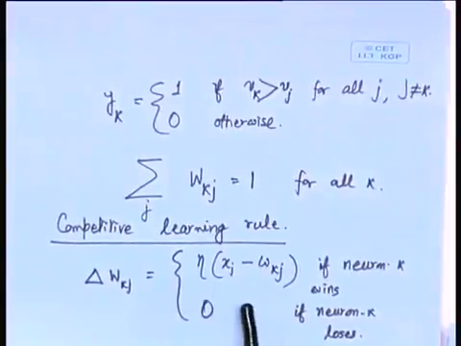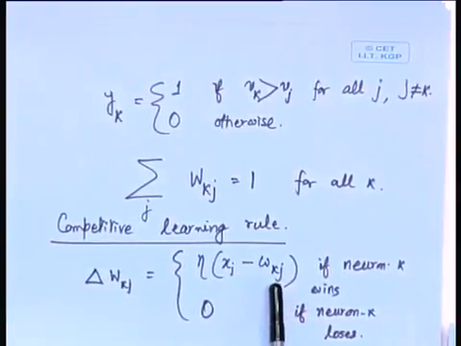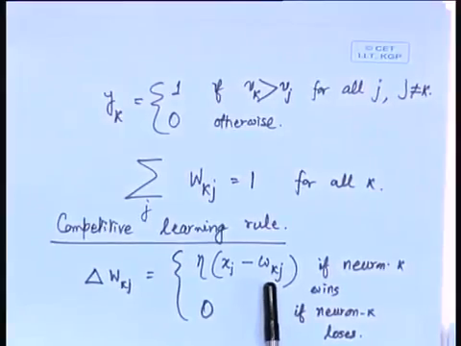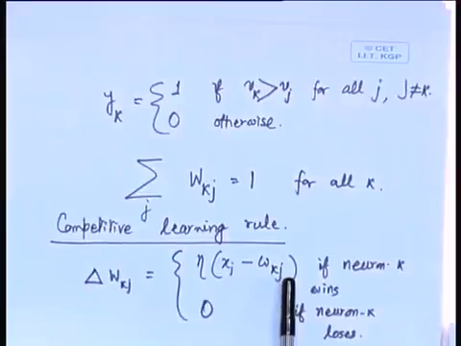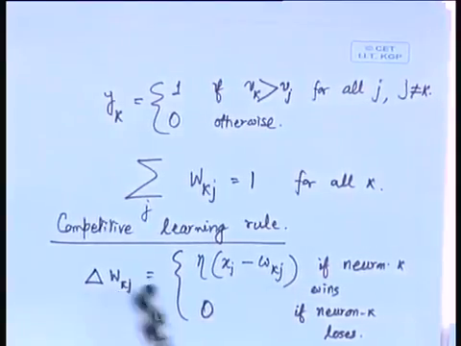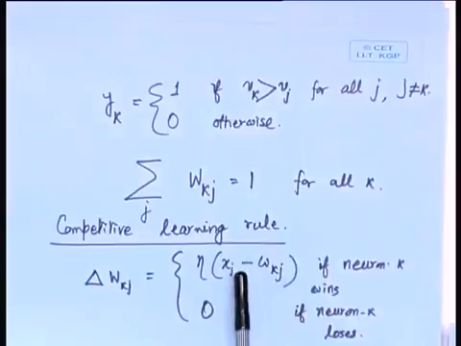So what do you conclude out of this? If Xj is very close to Wkj, then you are not adjusting the weight much. But if Xj is much deviated from Wkj, then you are going to adjust it heavily, and delta Wkj is going to be a large quantity.